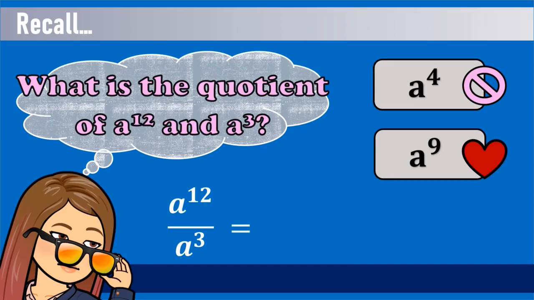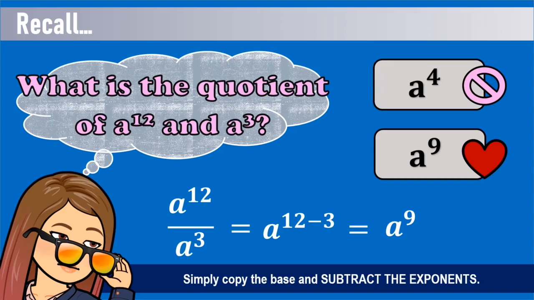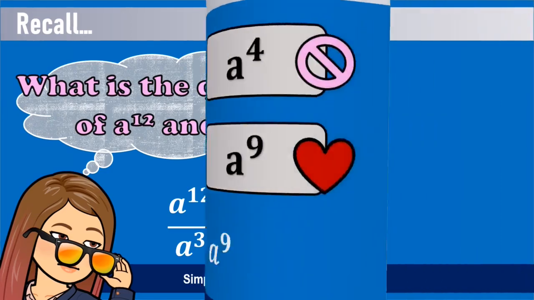So we simply copy a, then the exponent 12 in the numerator and exponent 3 in the denominator, we simply subtract the two. So it becomes a to the power of 12 minus 3, which is a to the power of 9. So what do we do if we encounter the quotient rule? We simply copy the base and subtract the exponents.